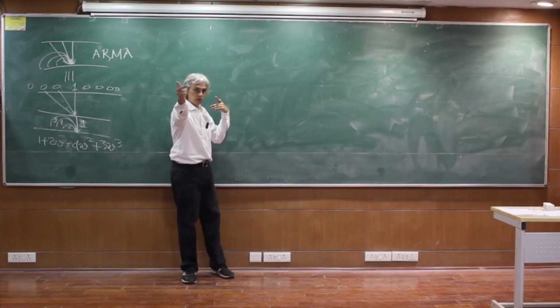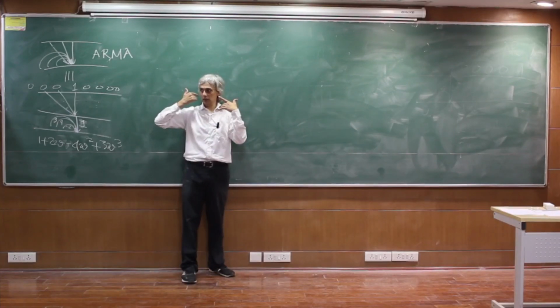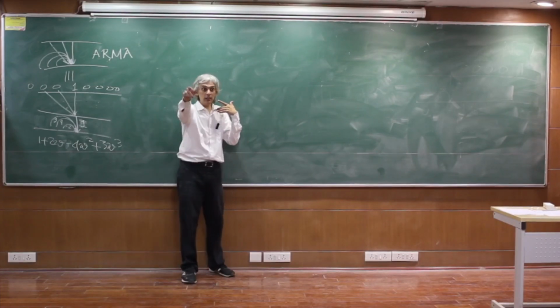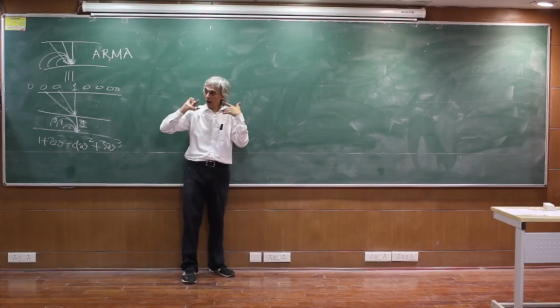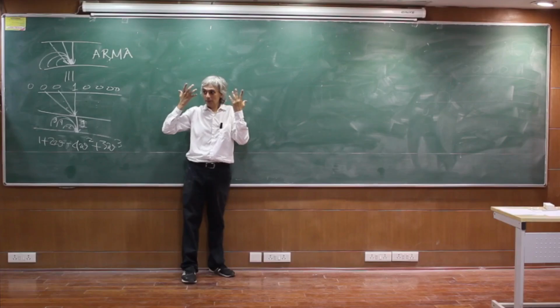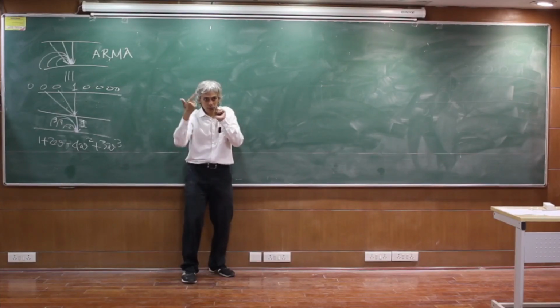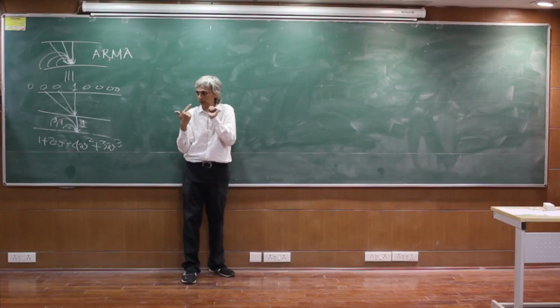Reflection. It goes, comes back, and again goes again, and comes back again, and goes again, and comes back again, right? How many times? In principle, infinitely many times, yes. And so this process will be naturally modeled better as an autoregressive filter.